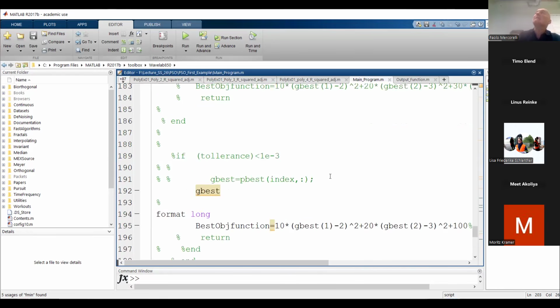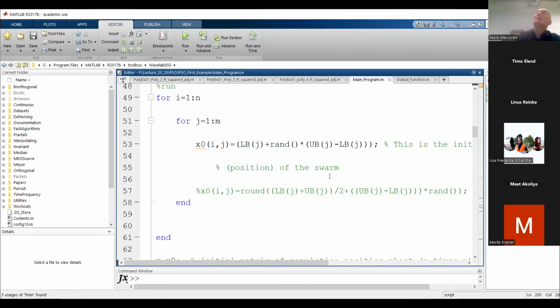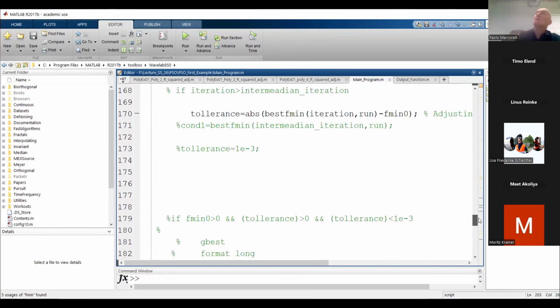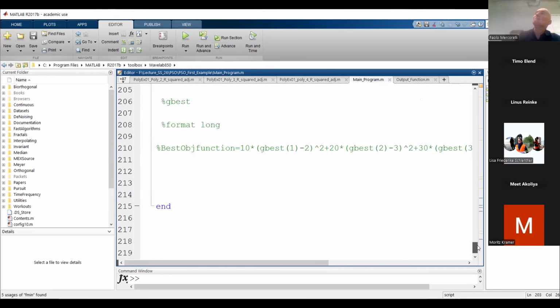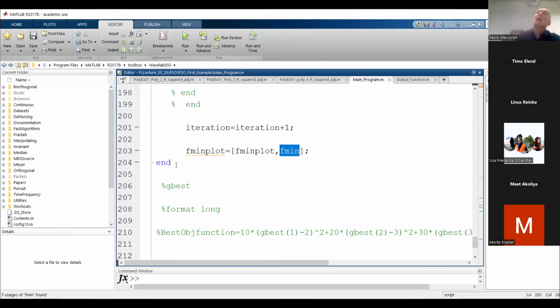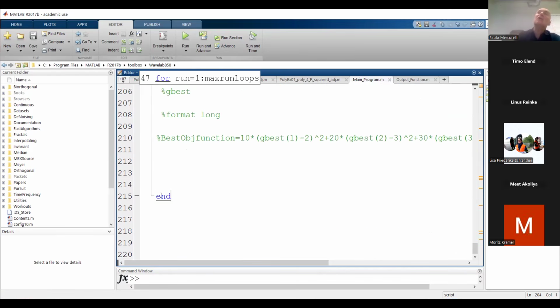At the beginning, do you remember we defined this f-min plot with infinite, let me say, dimension. Infinite means avoiding the overflow. This end here concludes my while, and this end here concludes my run, but this is not active. It's there because I uploaded it for you.